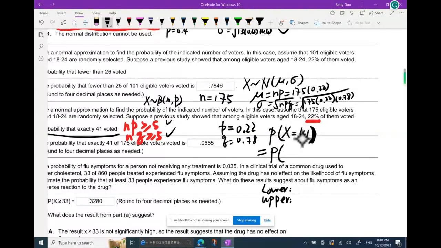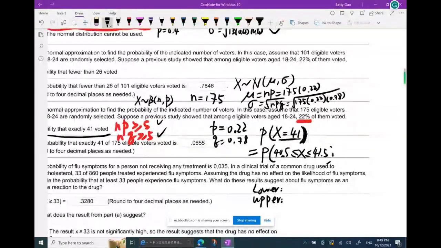Use an interval to represent the event that the binomial variable is exactly equal to 41. So this is bigger than or equal to 40.5, and this is less than or equal to 41.5. Use the 0.5 again.